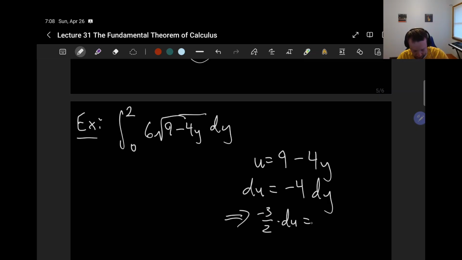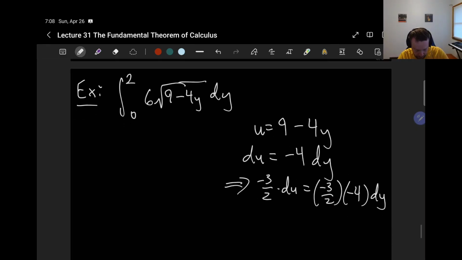If I multiply both sides by that, I'll tell you where I got that from. I want to do that because this is 6, which would then mean that 6 dy will become negative 3 halves du.